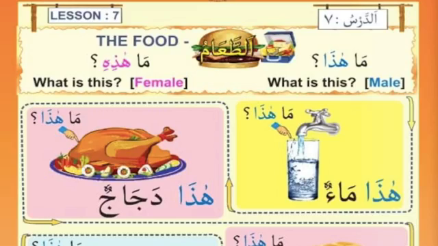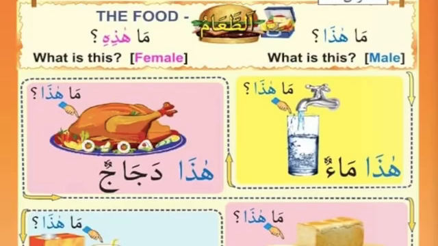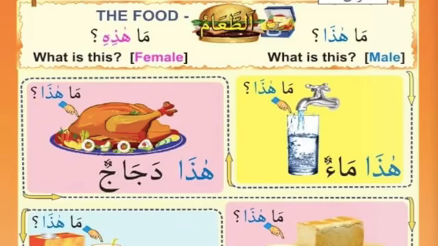So dajajun is a male word, so we should use hadha. Ma hadha.